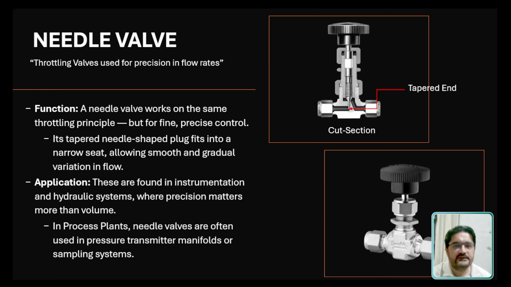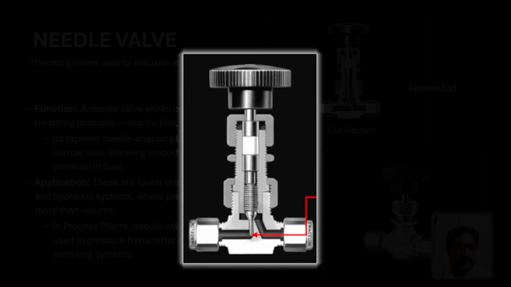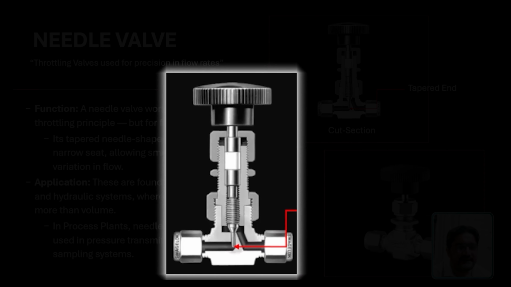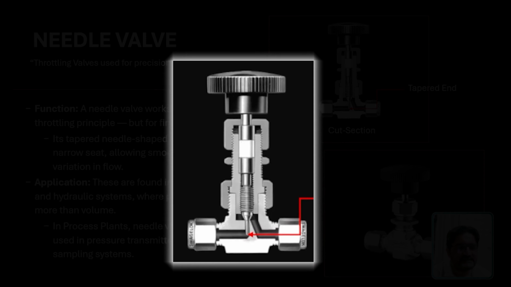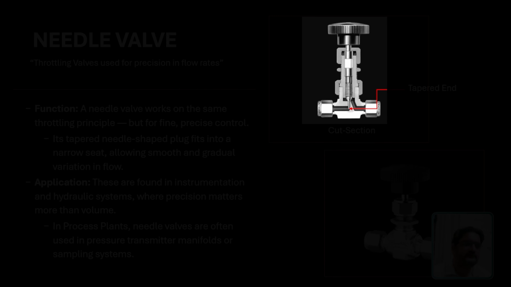Now let's move on to the needle valve. A needle valve also works on the same throttling principle, but it is used for fine and precise control. You can see in this diagram a typical needle valve. It has a tapered needle-shaped plug. It fits into a narrow seat, allowing smooth and gradual variation in flow.